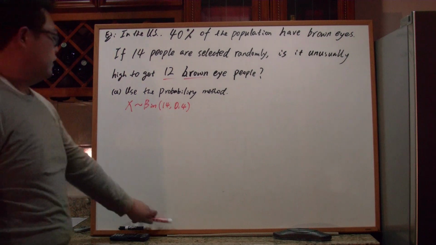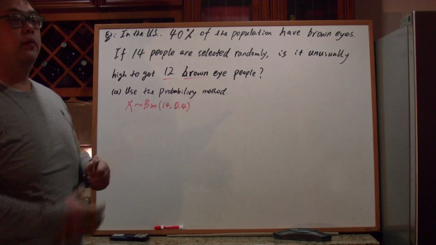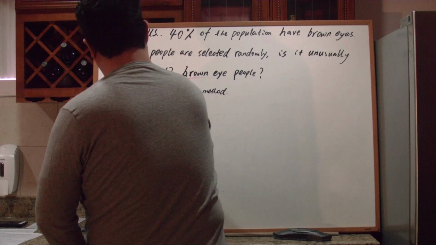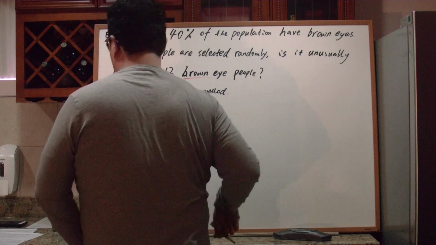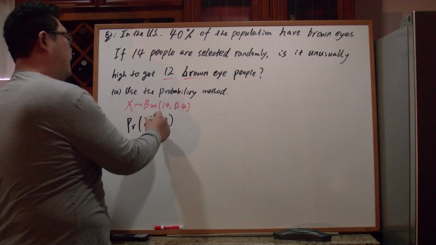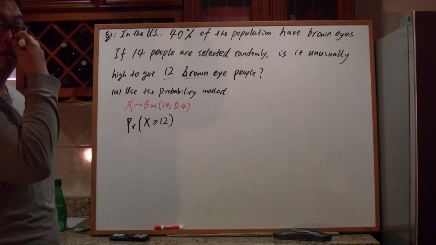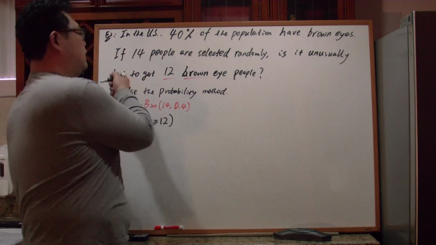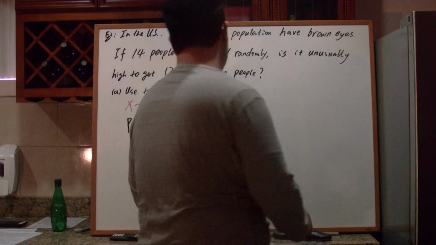A binomial distribution with n equal to 14 and p equal to 40%, which is 0.4. Well, asking whether 12 is extremely or unusually high, we were looking for the probability of a value of 12 or more, right? A certain value and more extreme. Here, asking whether that is unusually high, so we go 12 and higher.